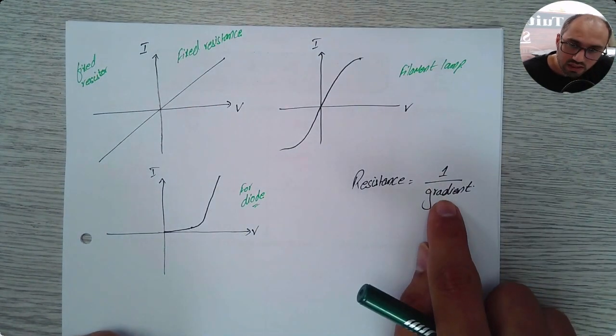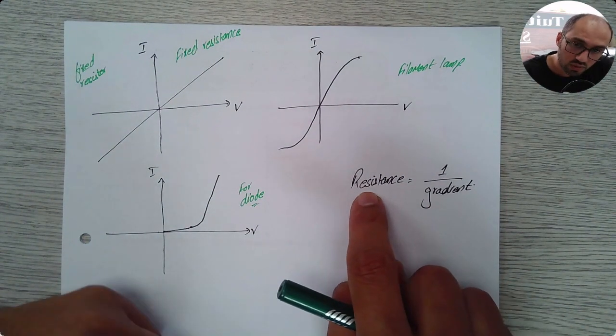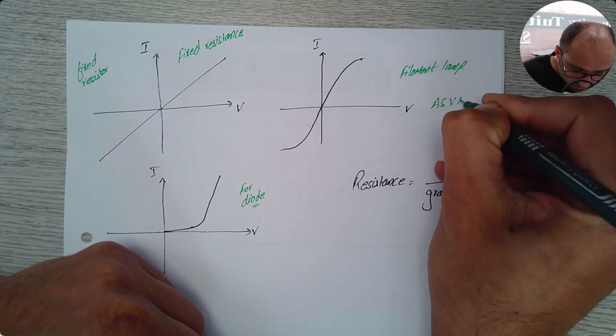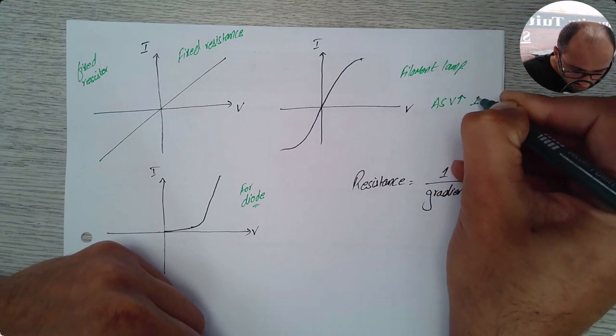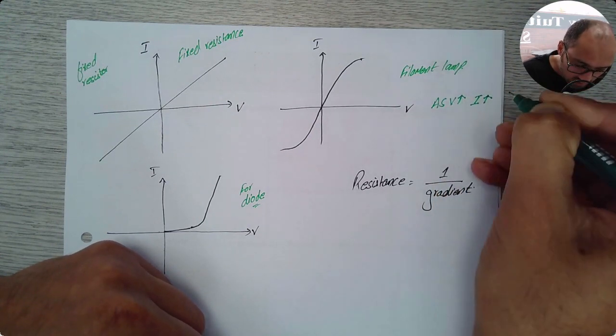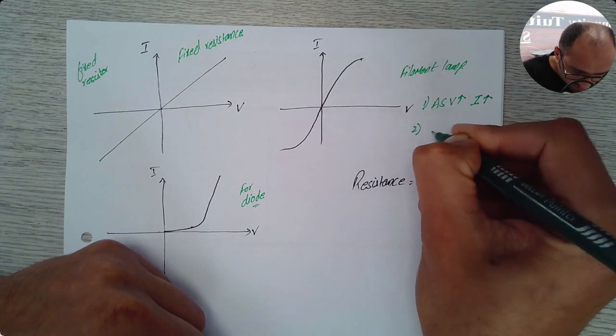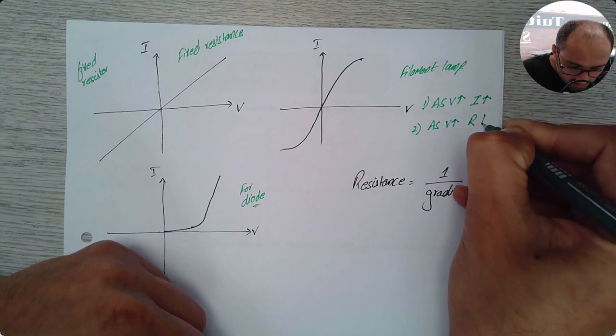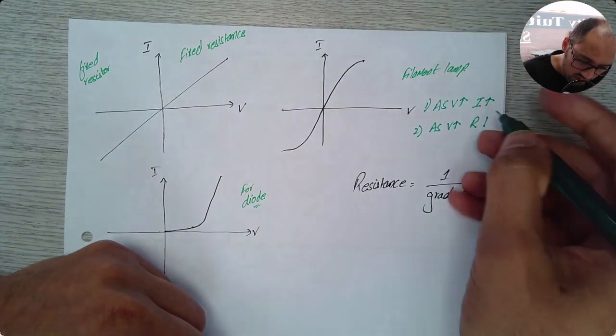So if my denominator keeps on decreasing, then my resistance will increase. As V increases, number one, current increases. Number two, as V increases, my resistance is increasing.